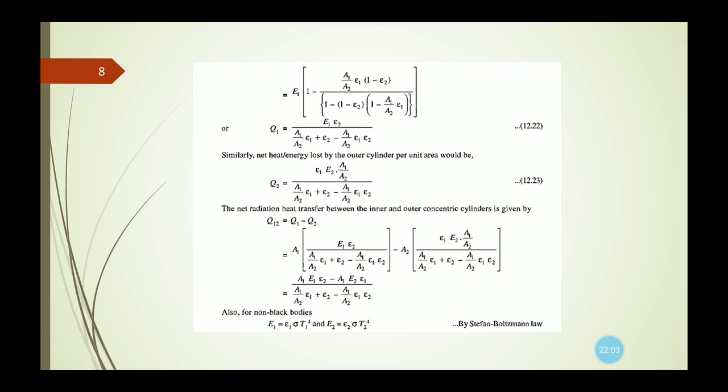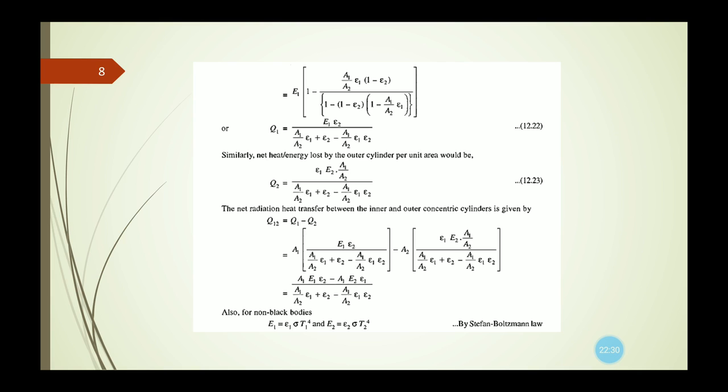we can write the final step, or we will get this one: E1 multiplied by (1 minus A1 by A2) multiplied by epsilon 1 (1 minus epsilon 2), whole divided by (1 minus epsilon 2) into (1 minus A1 by A2 epsilon 1). So this can be simplified by the representation 12.22.